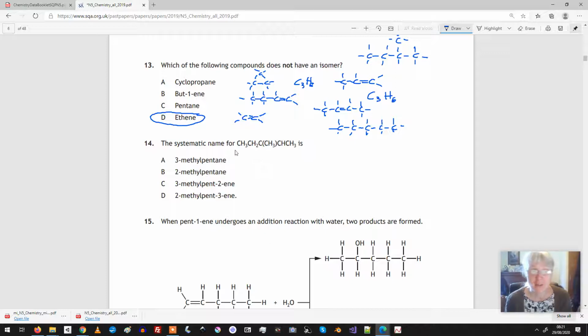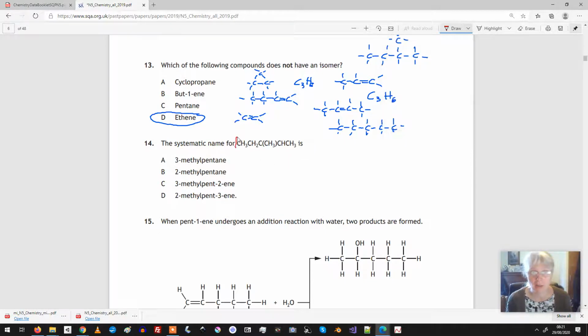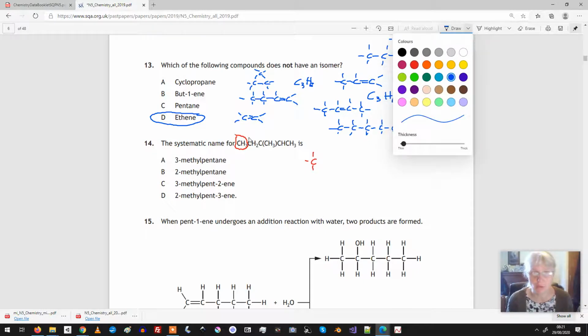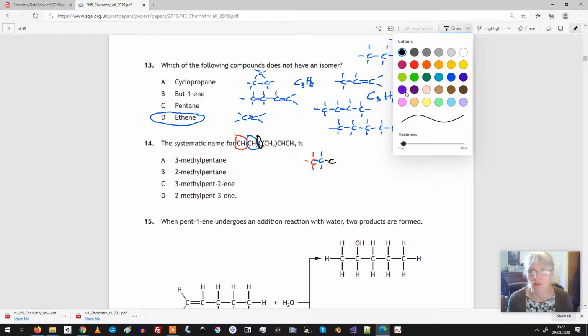The systematic name for this thing here is, and then you have to choose. So I shall just do it one bit at a time. So I shall start with this bit, the CH3, and then I shall do this bit, CH2, and then I shall do this bit just to see, and then I shall do this bit, which is a branch off to the side.